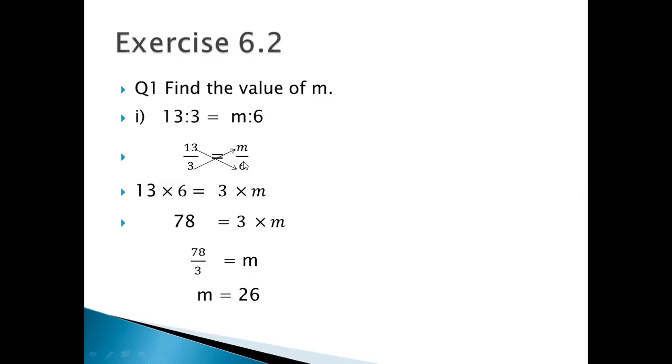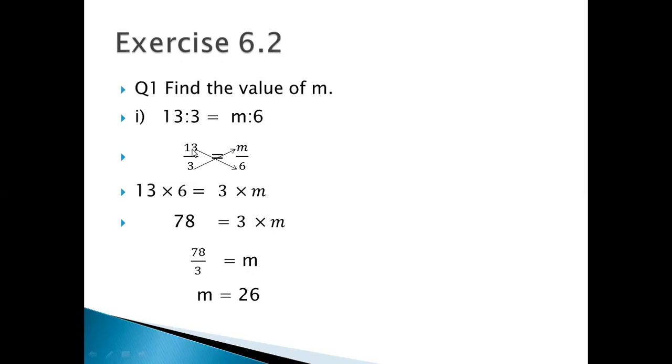Now remember one thing: if you have two fractions, with numerator and denominator, and between them you have an equal sign, then you solve it by cross multiplication.